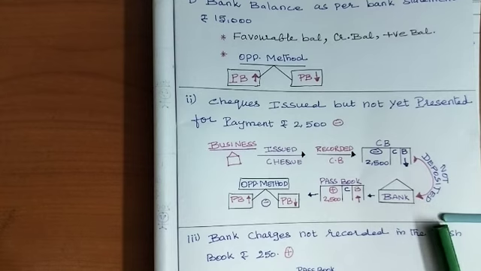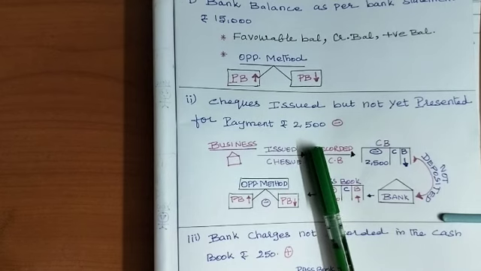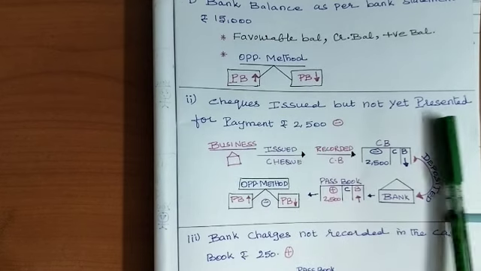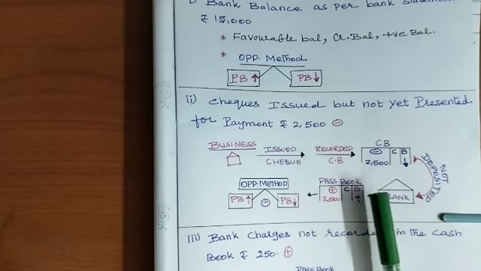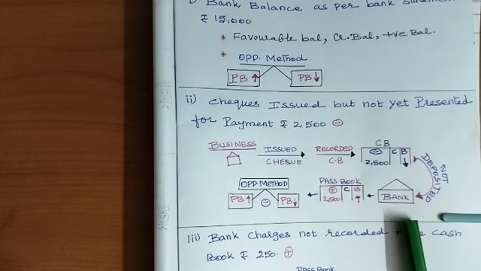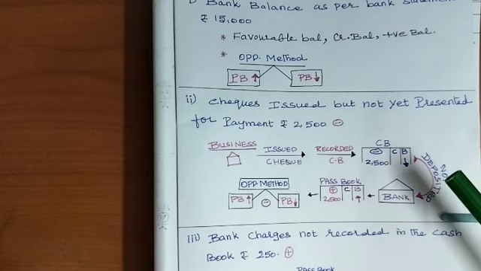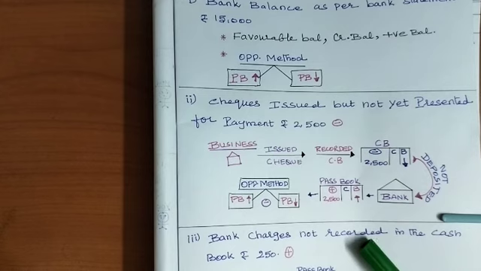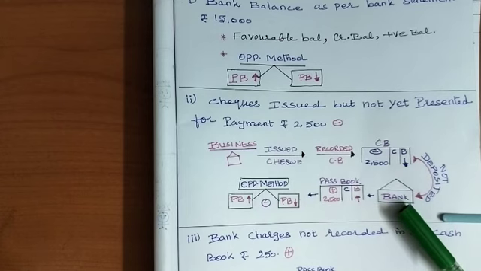Then are you clear? What happened in the bank? On the same day, the issued check amounting to 2,500 has not been presented for payment, which means the check was not collected. The issued check was not deposited into the bank on the same day, not collected by the bank.